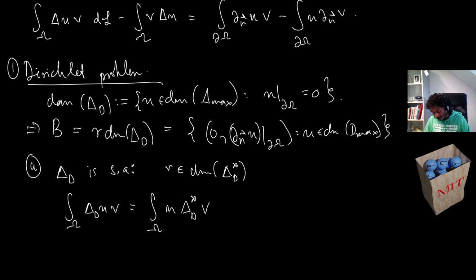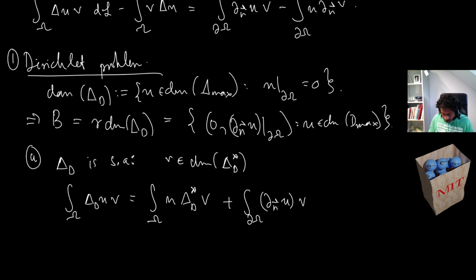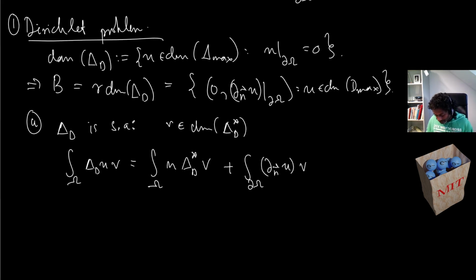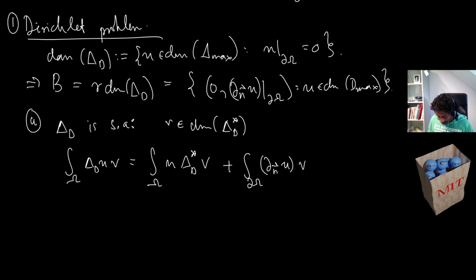So this is a symmetric operator, the formal adjoint is itself, plus now I'm going to have this term on the boundary, n of u v. But if we have a v in the domain of the adjoint, then that means that this term has to be 0.